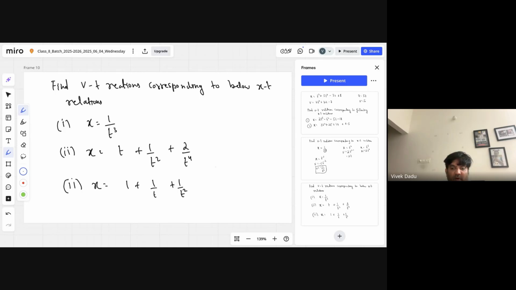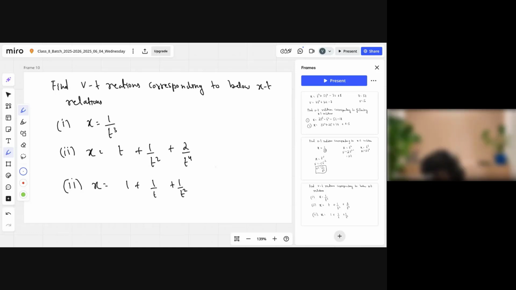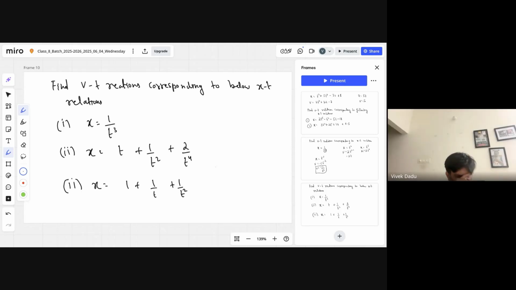Sohan, first one is wrong. Second is also wrong. First one, check. How does it become -1? The power should come in front too.